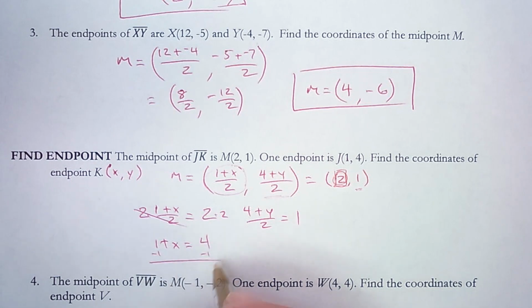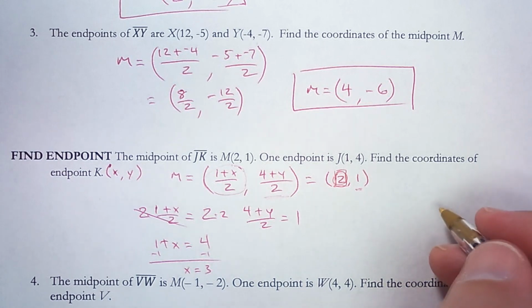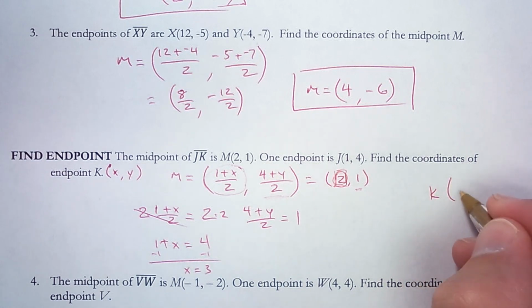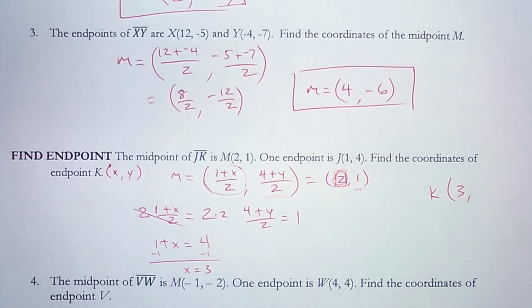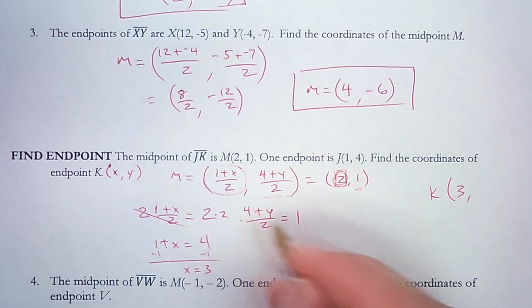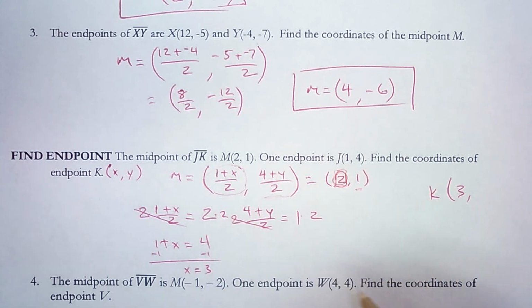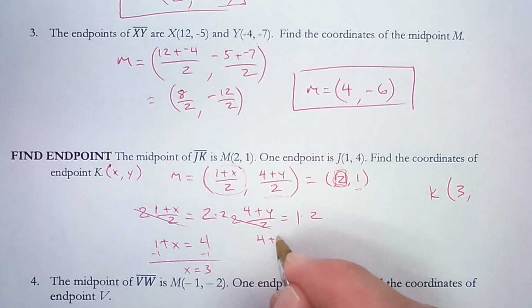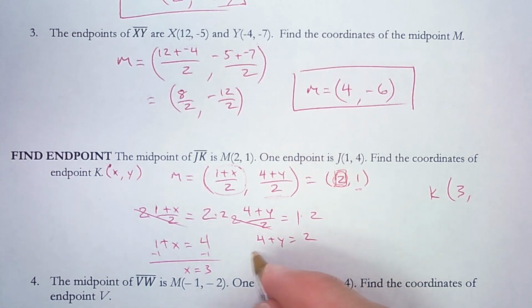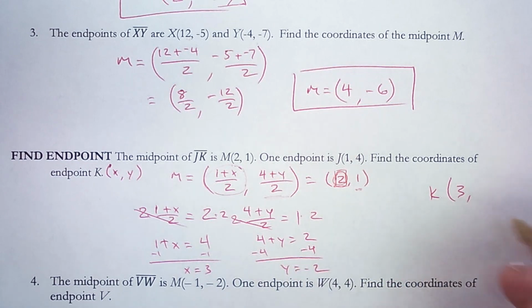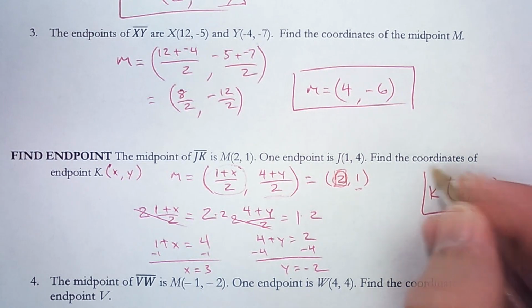And subtract 1. So x is 3. So for my other endpoint K, I know the x value is 3. And then here I'll multiply both sides by 2. 4 plus y equals 2. And subtract 4. Y equals negative 2. So the y value of endpoint K is negative 2.